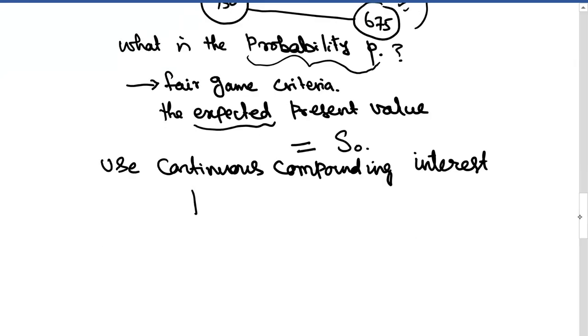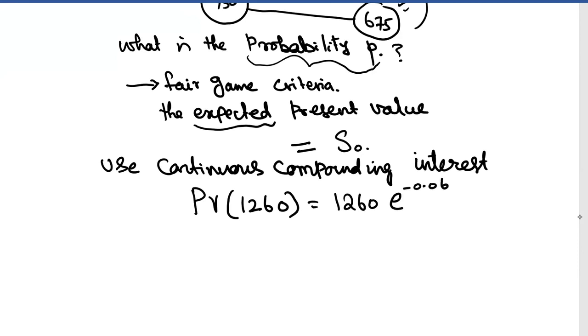Then the present value of 1260 with R equal to 0.06 is given by 1260 into e to the power of minus 0.06, right? And that is approximately equal to 1186.62.